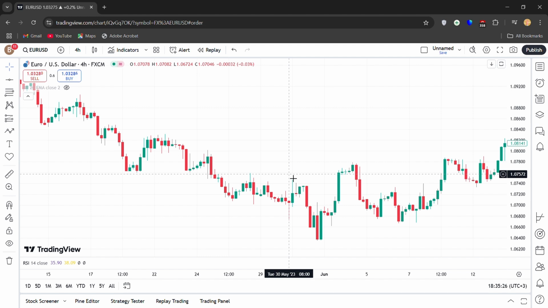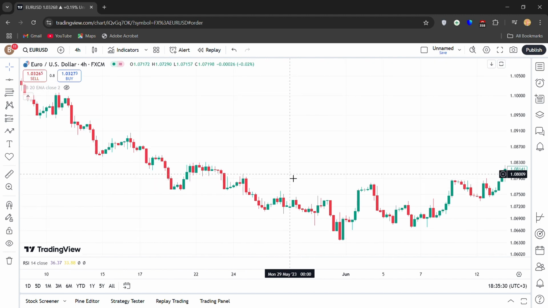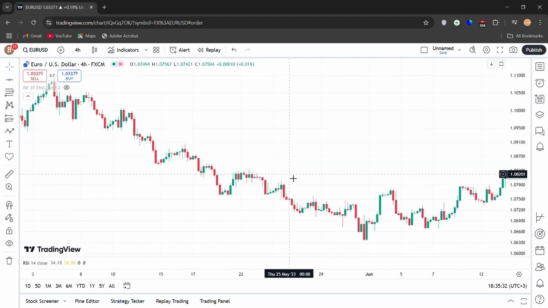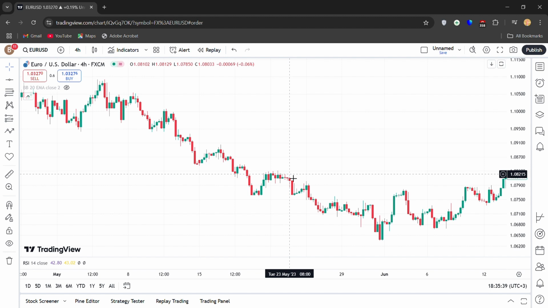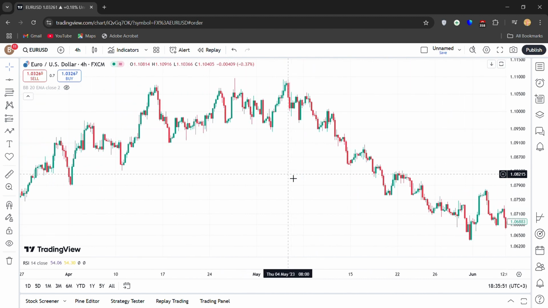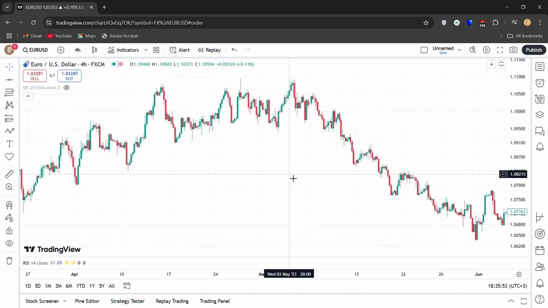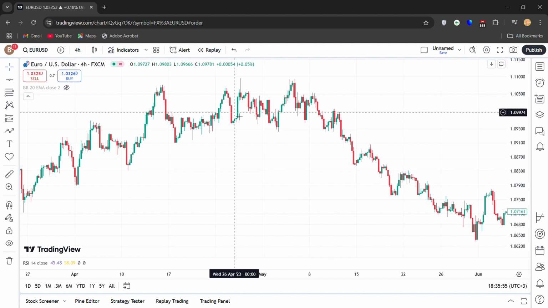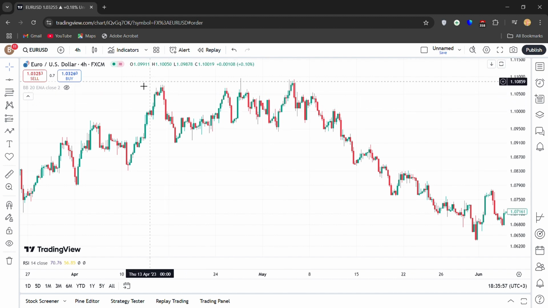So how do you spot and identify support and resistance levels on the chart? You should use the higher time frames because they have a higher strength of respecting support and resistance levels. First, you need to look for the swing highs and swing lows on the higher time frame.